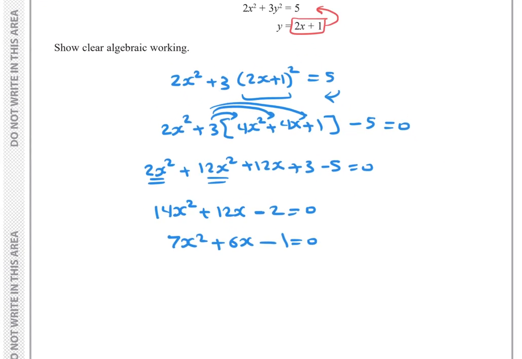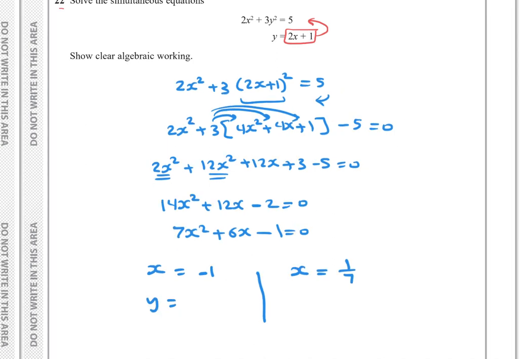Now factorize or use the formula to find the values for x. We have 2 values for x, or you can use calculator mode 53. Then you have 2 values for x: x equals negative 1 and the other value 1 over 7. Now you can substitute to find y, so y equals 2x plus 1, so 2 times negative 1 plus 1, so negative 2 plus 1, so negative 1.